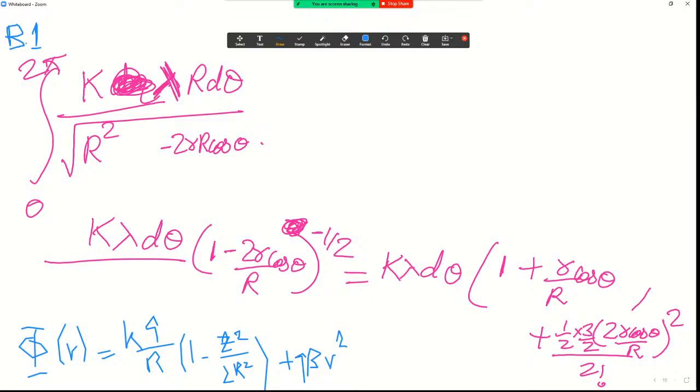Is this term right? I am not sure about it. I think it should be.